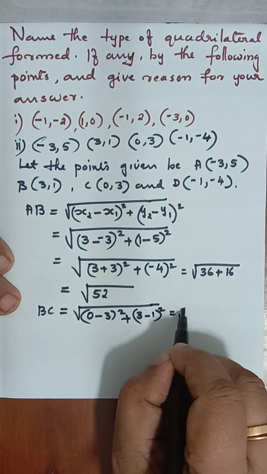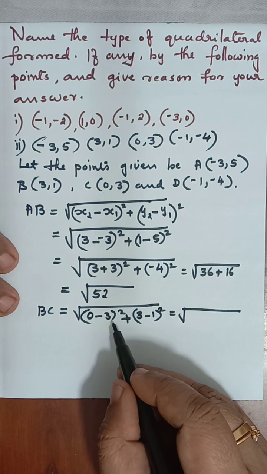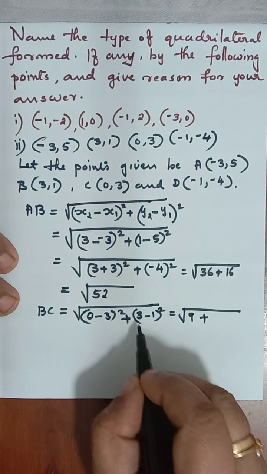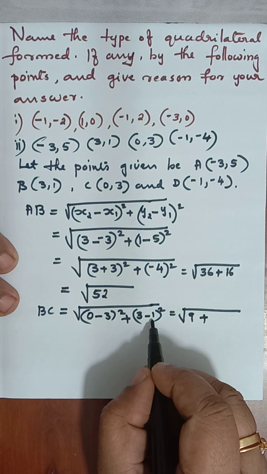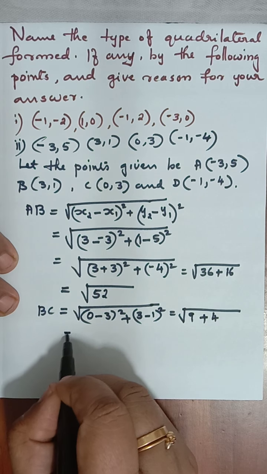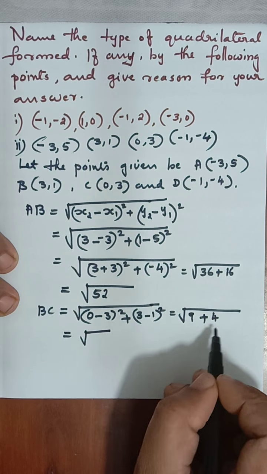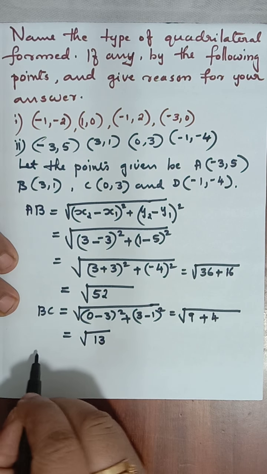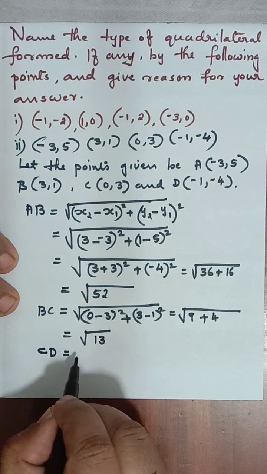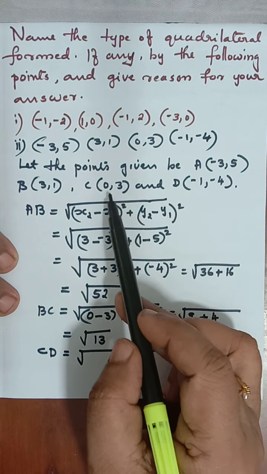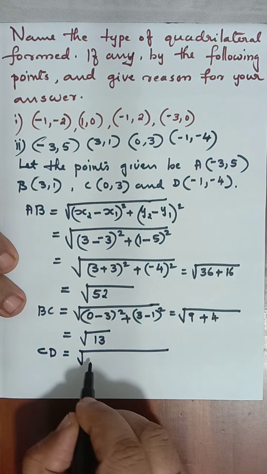That's equal to square root of 0 minus 3 is negative 3 itself, whole square is 9, plus 3 minus 1 is 2, 2 square is 4. This is equal to square root of 9 plus 4 is 13. Now BC is over, now comes CD. CD equal to root of, C is (x1, y1), D is (x2, y2).